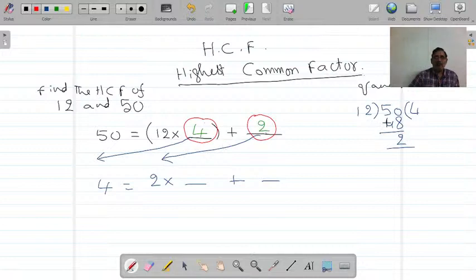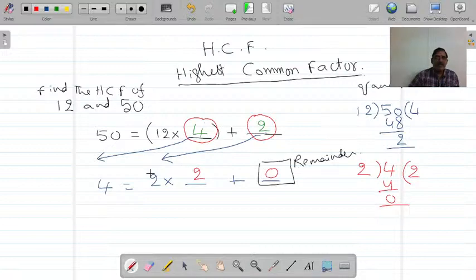So 4 is the dividend with 2. 2 2s are 4, remainder 0. So 2 into 2 plus 0. At the time when we get the remainder 0, this divisor b will become the HCF.